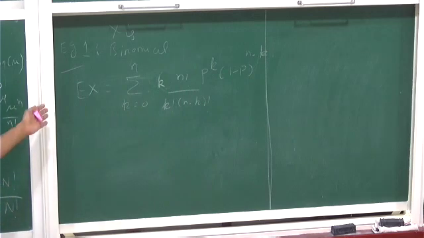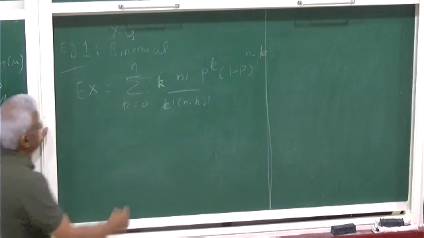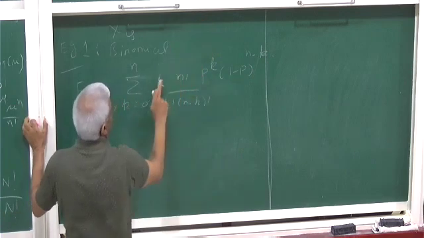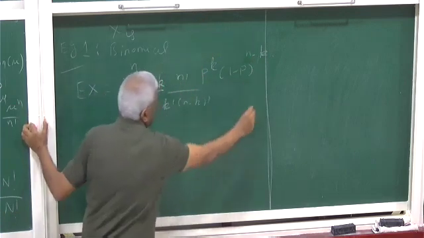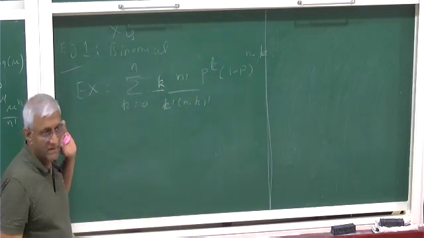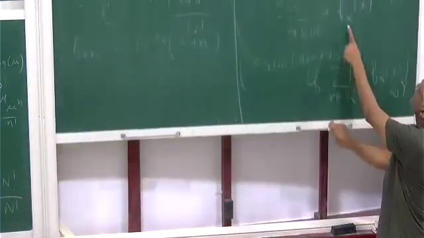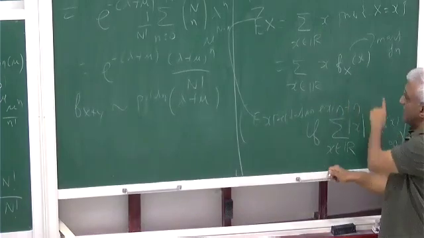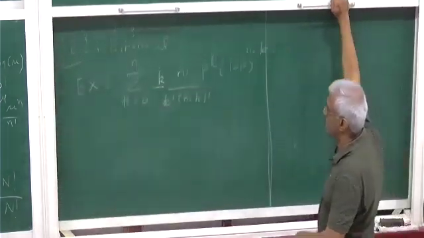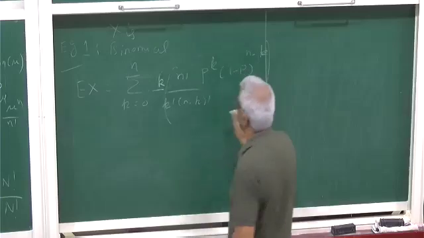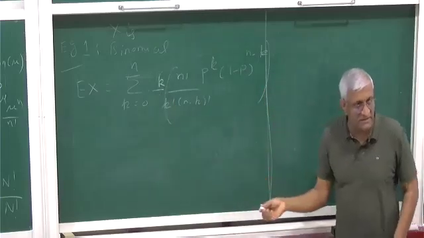This is the expectation, right? This value X is here, that value X is here, and this is the density function, and I'm summing over everything. I'm using this formula: the sum of x times f_X of x. f_X at that point is this, and that x is K. So this is the formula.